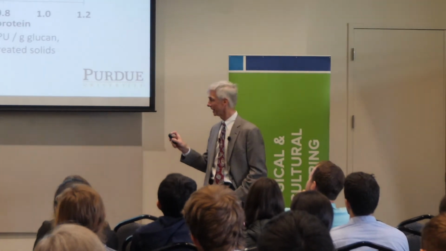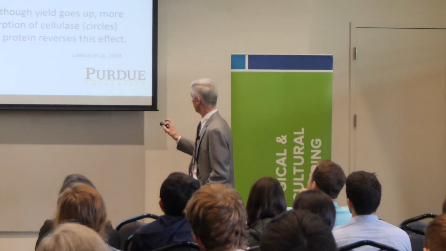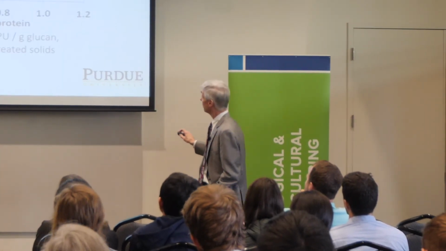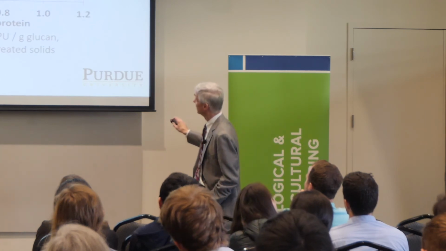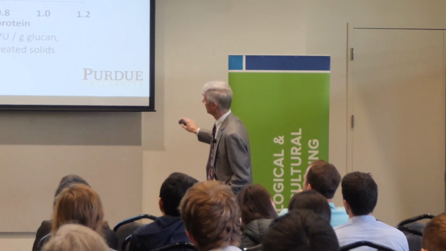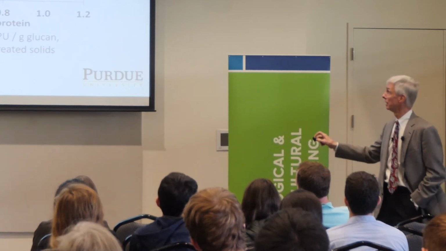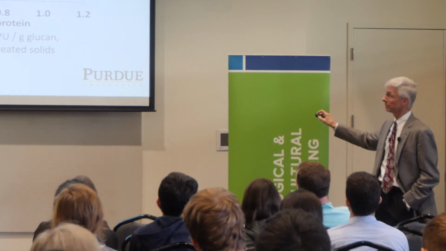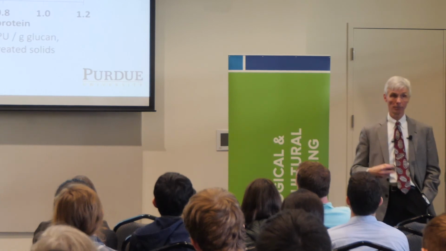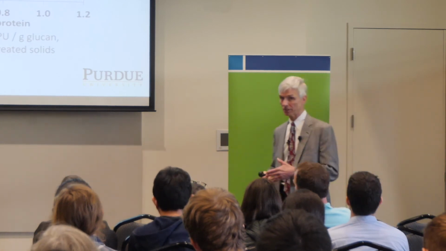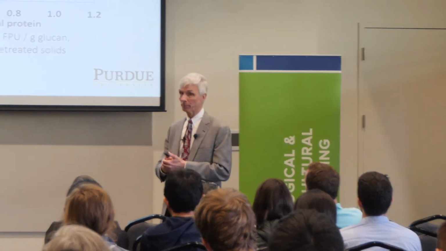Okay? But anyhow, what happened is you want to have higher specific activity. Turns out for cellulase, that's not the case. So what happened is as we dilute, add more protein, the milligram cellulase per milligram protein decreases, and the conversion goes up significantly. So what we're really doing is we're diluting this protein with a non-catalytic protein.